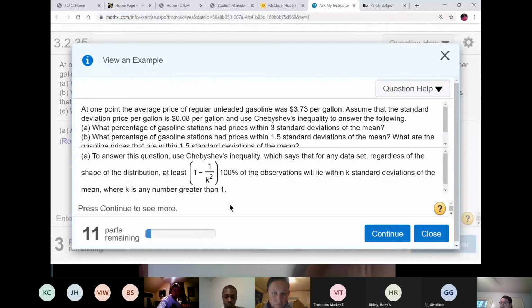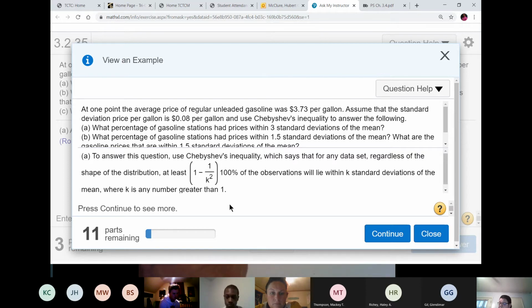And that's the percentage at k standard deviations. So they're going to give you k. They're going to say 2 standard deviations, k is equal to 2. 1.5 standard deviations, that's k is equal to 1.5.